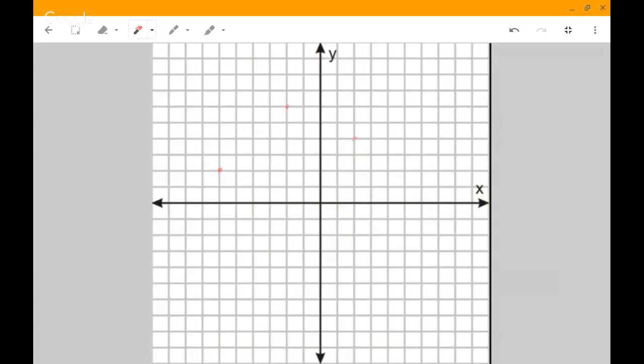Is that the right point? Let's see. -6, 2, -2, 6, 2, 4. Okay. This one is not quite as straightforward.